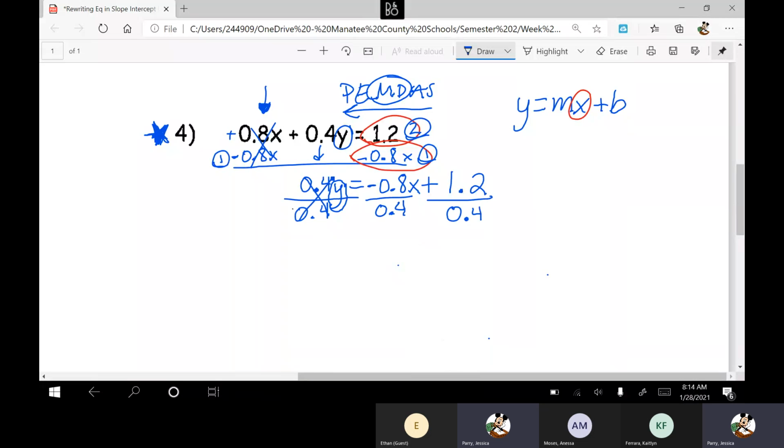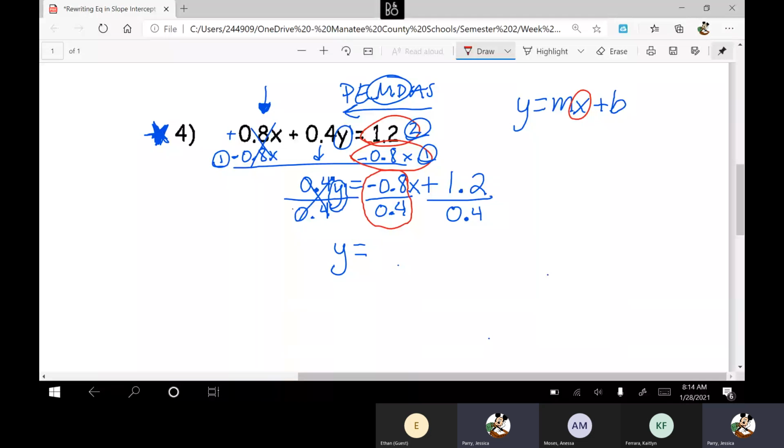So these canceled out. Now I have y equals. I know you guys all have calculators, go ahead and plug this first set of division into your calculator, this negative 0.8 divided by 0.4. Tell me what you get when you do that division. And make sure if you get a negative, you put that negative sign in there.